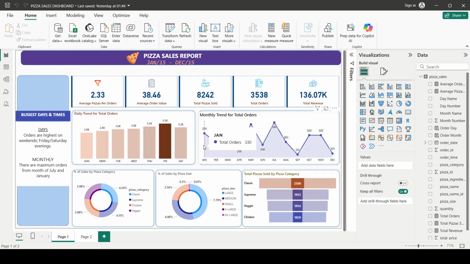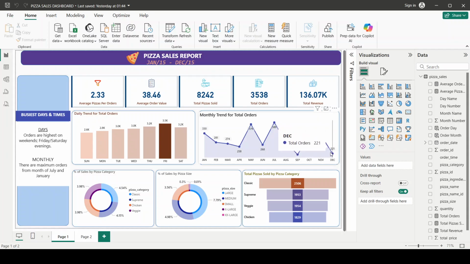So I wanted to understand on a monthly basis within the year, how has the demand been? For every season, let's say in Christmas, were people buying a lot of pizza? No, because they were at home enjoying family time and all that.